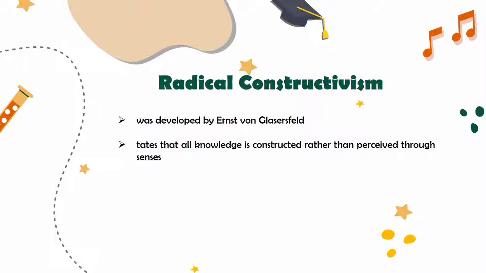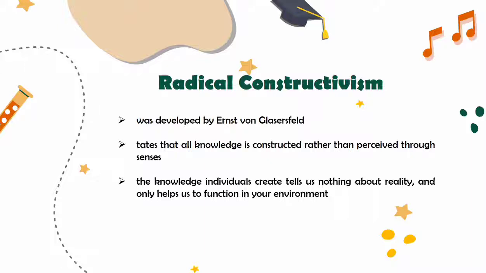However, in radical constructivism, the knowledge individuals create tells us nothing about reality and only helps us to function in our environment. Thus, knowledge is invented, not discovered. The explanation is that the humanly constructed reality is all the time being modified and interacting to fit ontological reality, although it can never give a true picture of it.